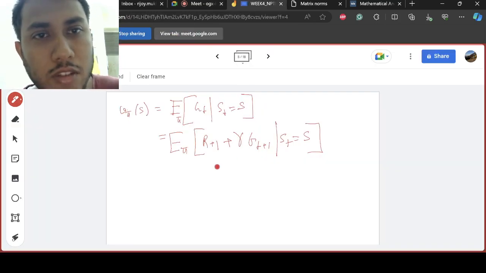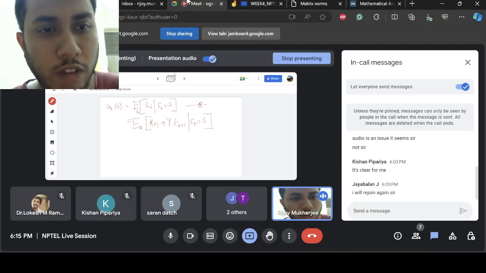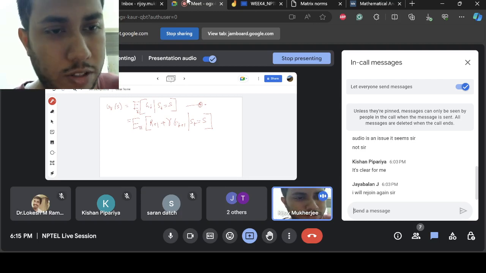If you have any doubt regarding this equation, you can say so first. This part is clear, right? What is the value function at state s? It is basically the expected return from state s if you start from state s. Any doubt regarding it?